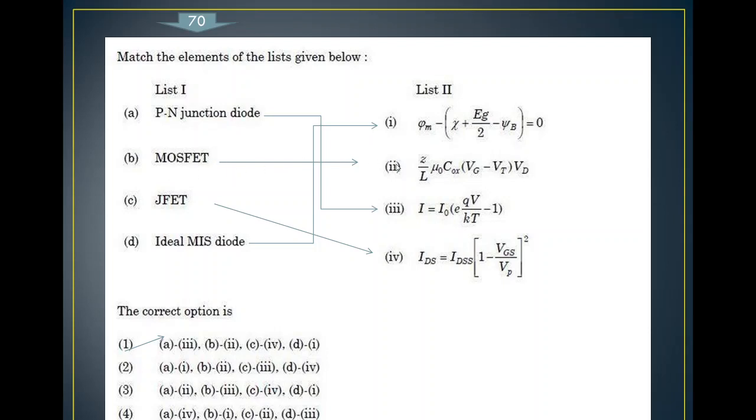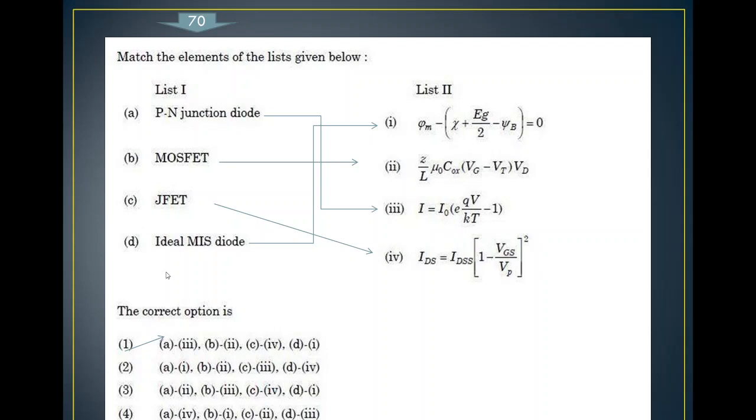It connects to second, Z over L mu 0 COX into VG minus VT into VD. In the junction field effect transistor JFET, this is going to fourth, IDS equal to IDSS into 1 minus VGS over VP all over square.